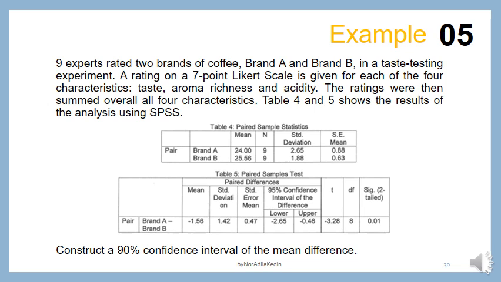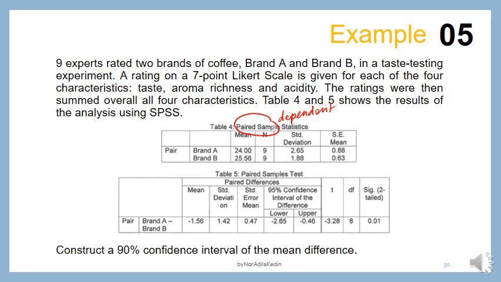So the rating will then be summed over all 4 characteristics, and table 4 and 5 show the result of the analysis. So dekat sini kalau awak perasan dia tulis paired sample, maksudnya dependent sample.